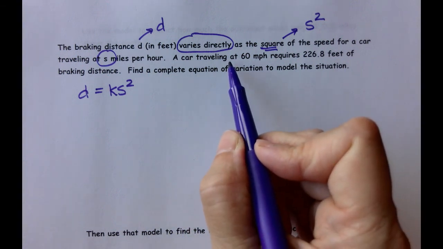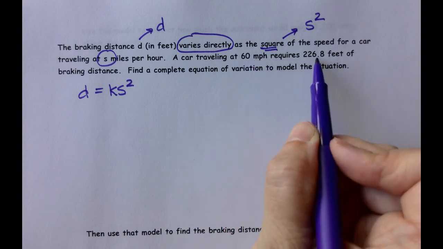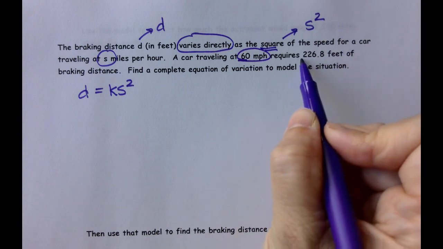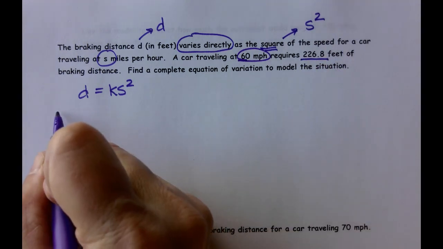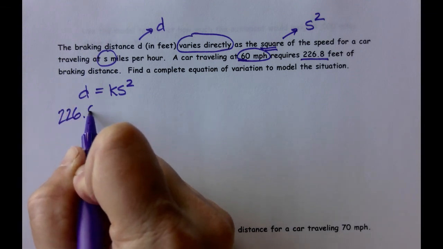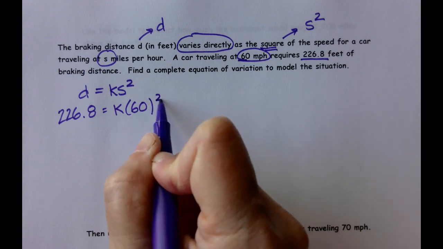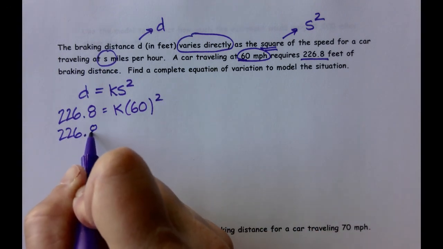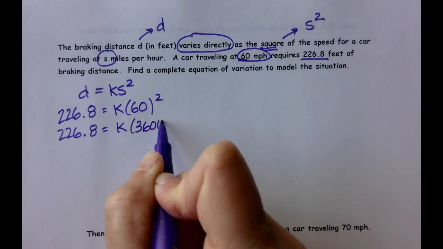Then I have a car that travels at 60 miles per hour and has a certain braking distance. 60 is the value for s, and 226.8 is the value for d. Those get substituted in. 226.8 equals k times 60 squared. 226.8 equals k times 3600.